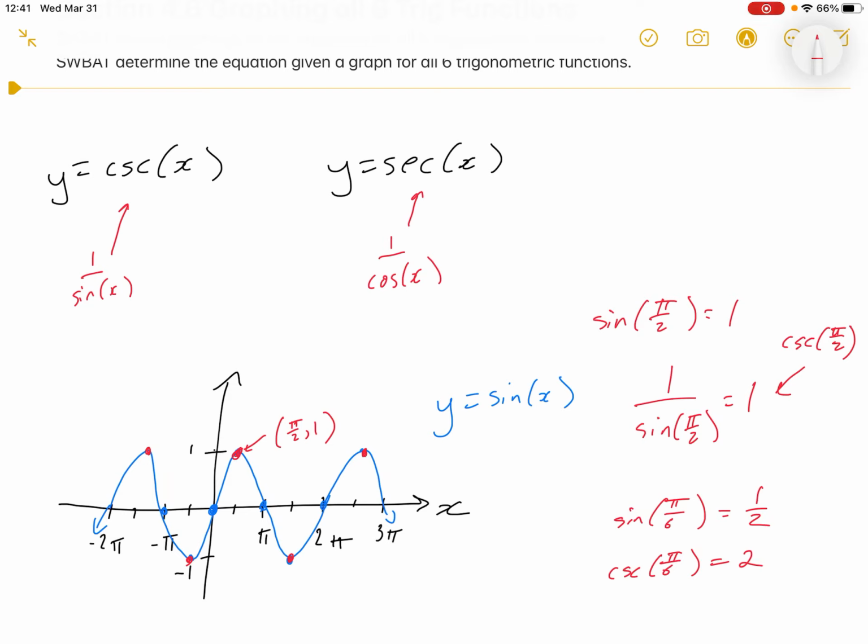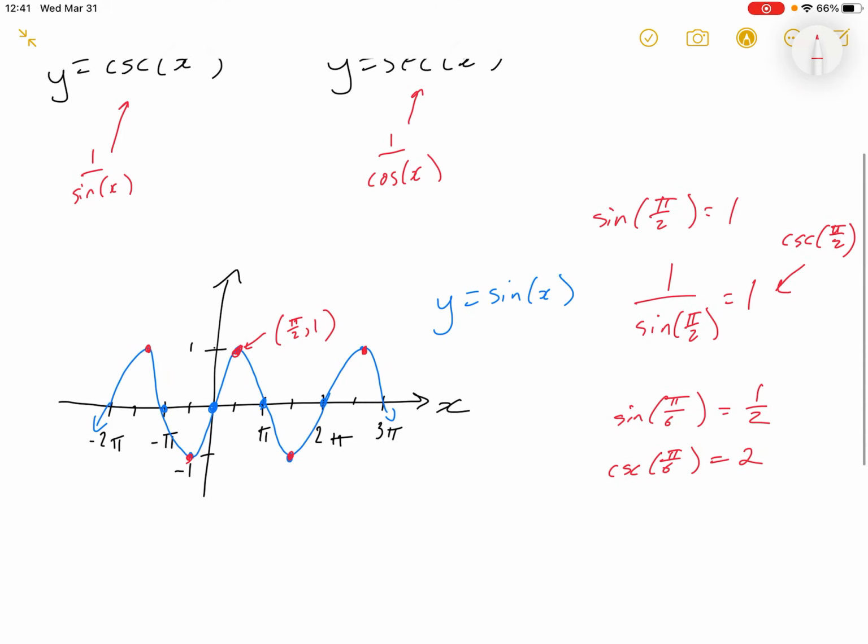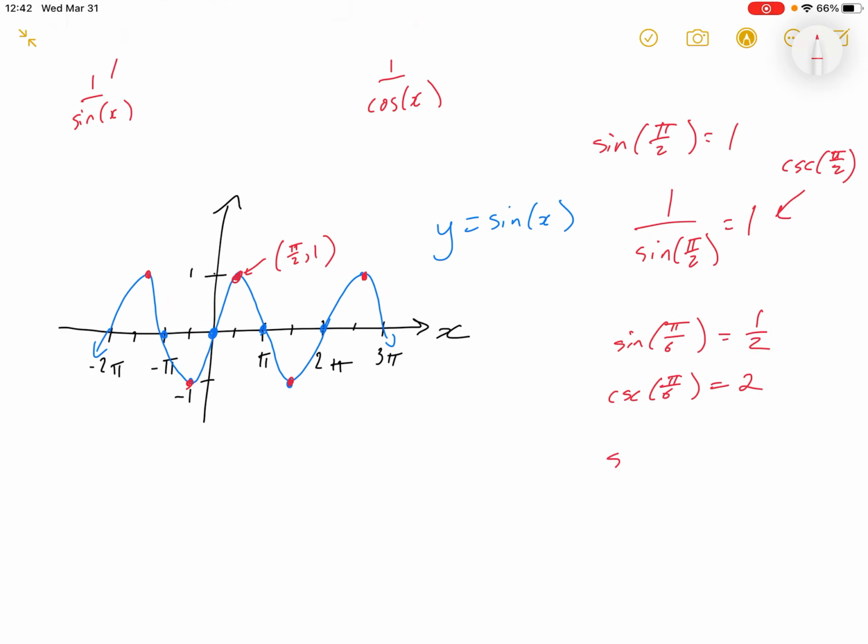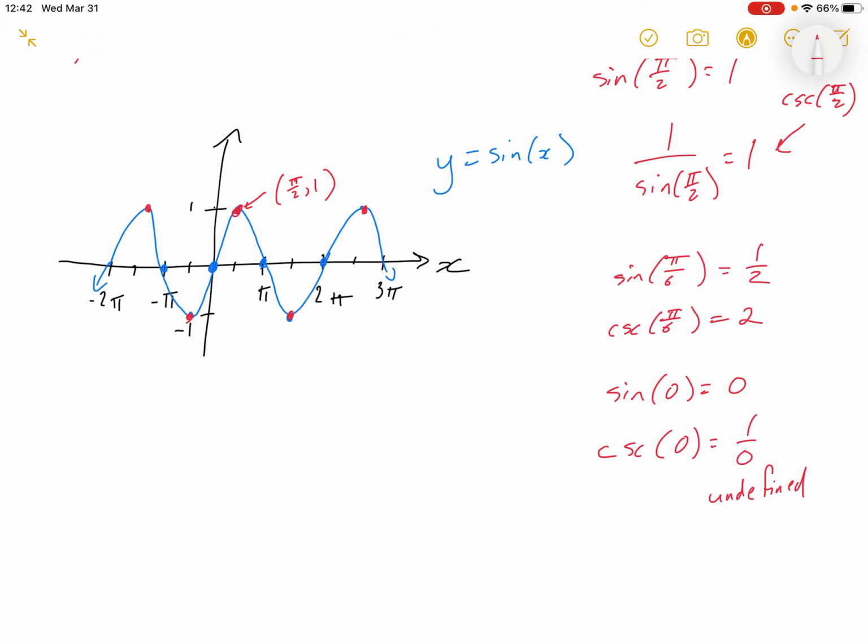So what's going to end up happening is the graph is going to increase from the point that we see on sine. Additionally, let's say I have sine of, let's just go with 0. This is 0. Well, cosecant is going to be 1 over 0, which we saw before is undefined. And so this is actually going to create asymptotes whenever sine is 0.